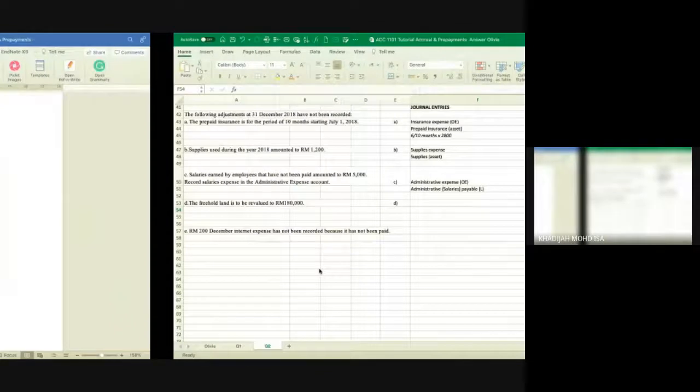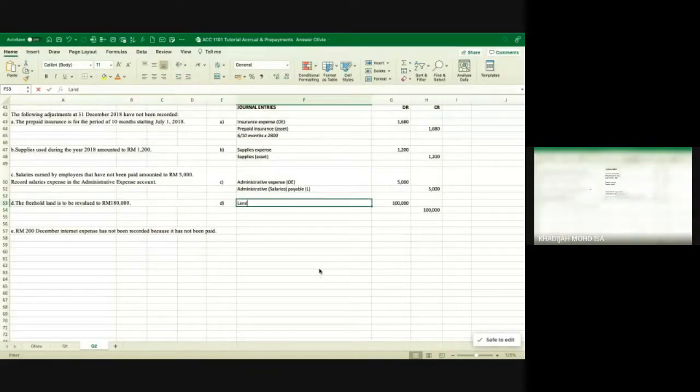So we are going to increase the value of the land by 100,000 and we have revaluation reserve. This one will be part of your owner's equity. So you have land now increase debit 100,000. Initially you have 80,000, now you debit additional 100,000, and you open up a revaluation reserve account of 100,000.